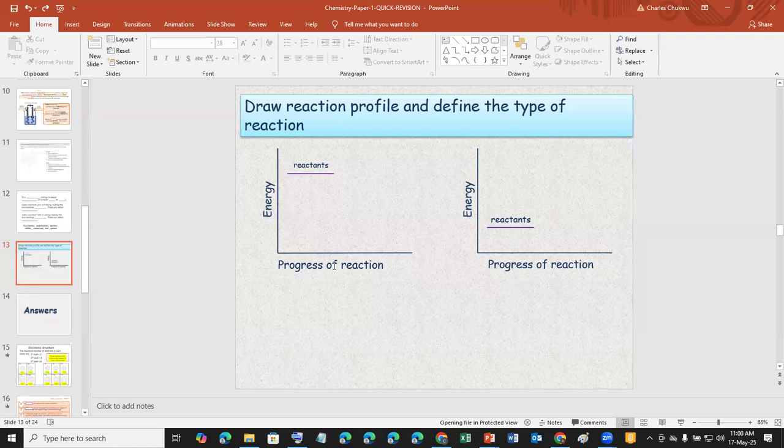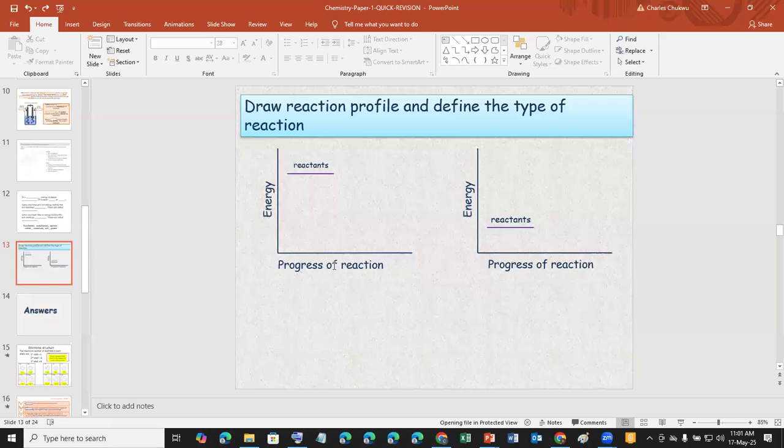So if you remember, for exothermic, right? Exothermic reactions give off energy to the surroundings, making it warmer. So what that means is that, remember, reactants will form products. Don't forget what I just said.